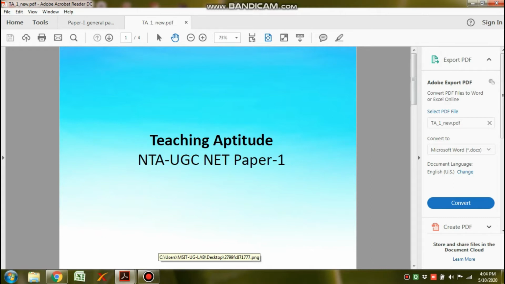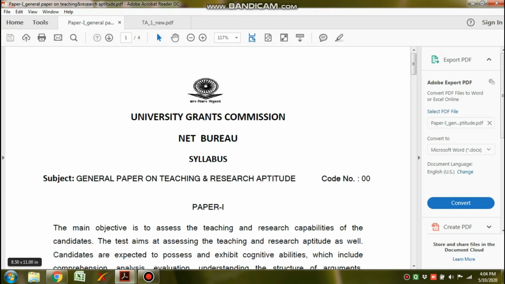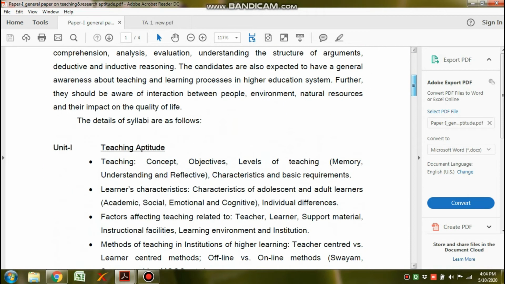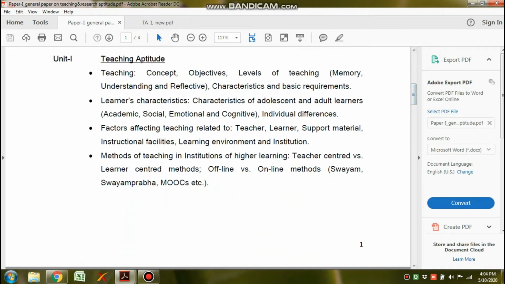So, I am going to discuss the first part of teaching aptitude. This is the syllabus for Paper 1, and teaching aptitude is in Unit 1.